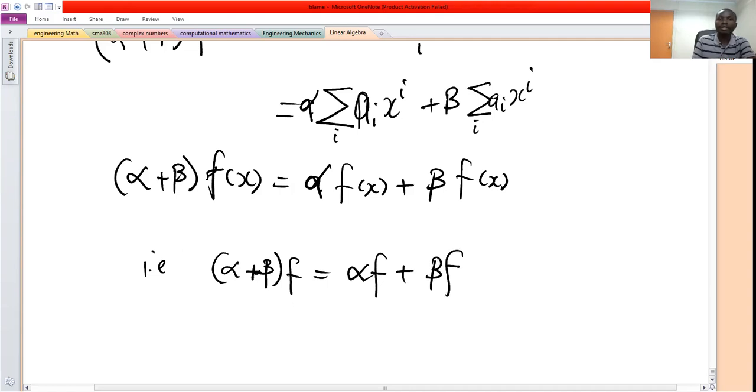And this is the structure of the right distributivity property. So therefore, distributivity holds on F.